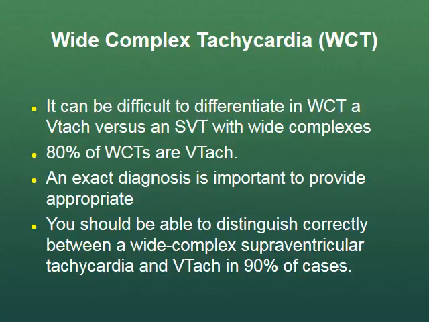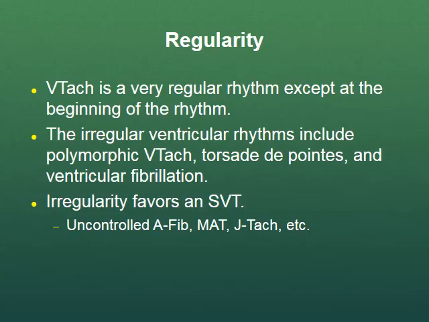It should be fairly easy to differentiate between SVT with aberrancy and VTach in about 90% of cases. So, how do we do it? VTach is very regular, except at the beginning of the rhythm. The irregular ventricular rhythms are polymorphic VTach, torsades, and VFib.